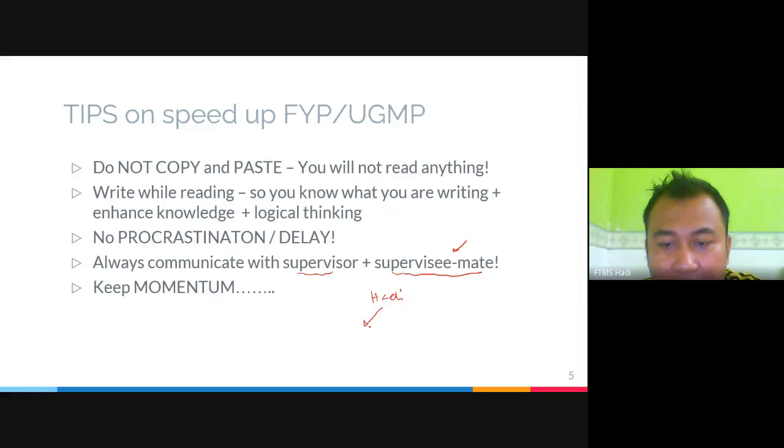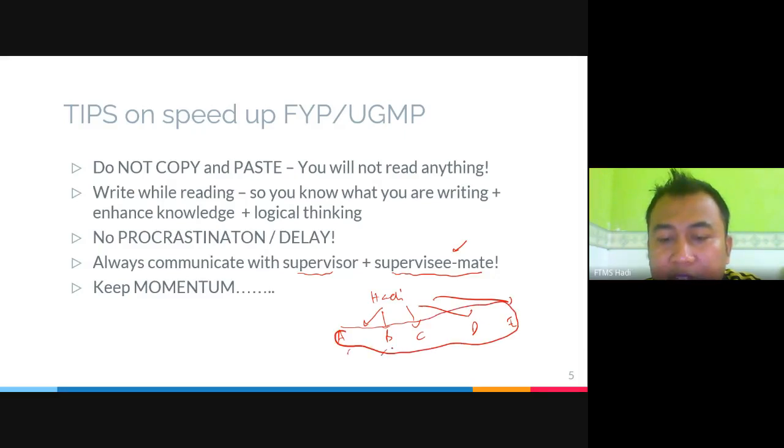I have student A, student B, student C, student D, and student E. What I'm doing is, sometimes I will do a meeting with all 5 people, and I want all these 5 to work together, even though they have different topics. Doesn't matter. You got a different topic, there is no issue, because sometimes A can ask B, because B might know something that A doesn't know. A might ask C, B can ask D, C can ask E.